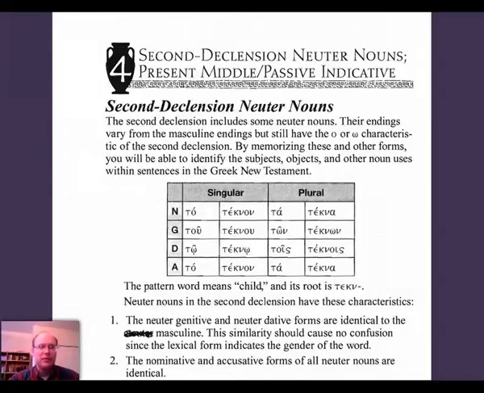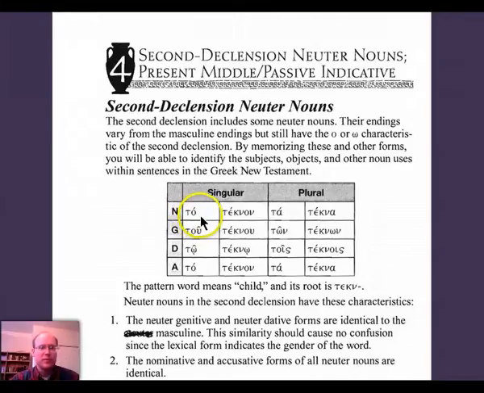The second declension neuter nouns have slightly varying endings from the masculine nouns, but they're still characterized by the omicron or the omega of the second declension. What you see in the box is the declension of the Greek word teknon, and on the left side you see the nominative, genitive, and dative abbreviations.